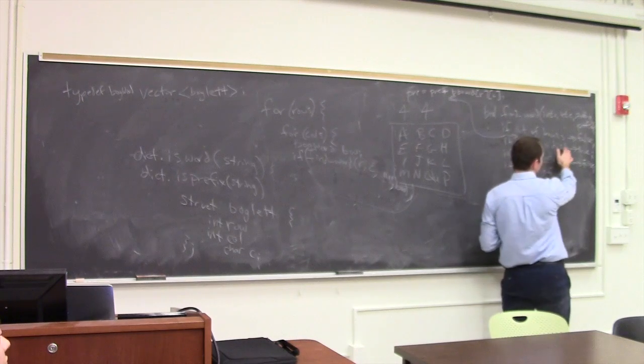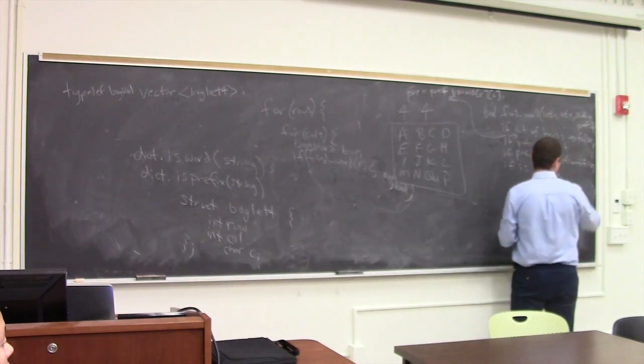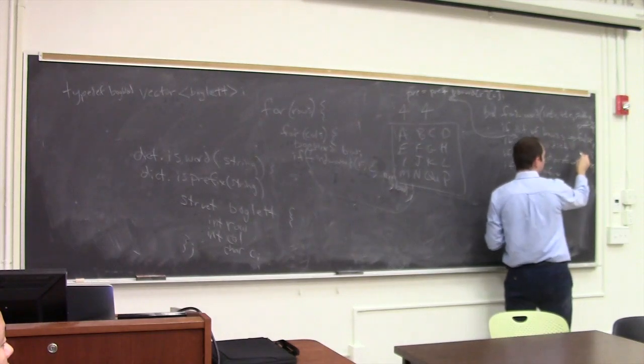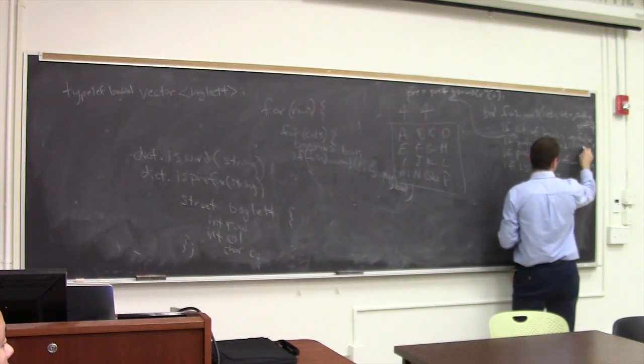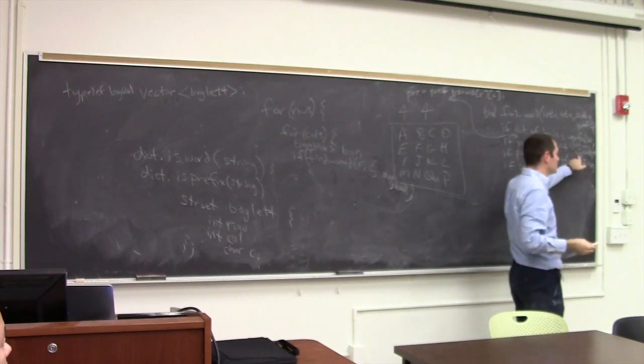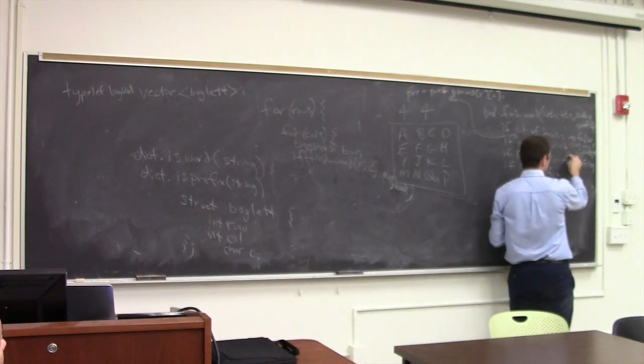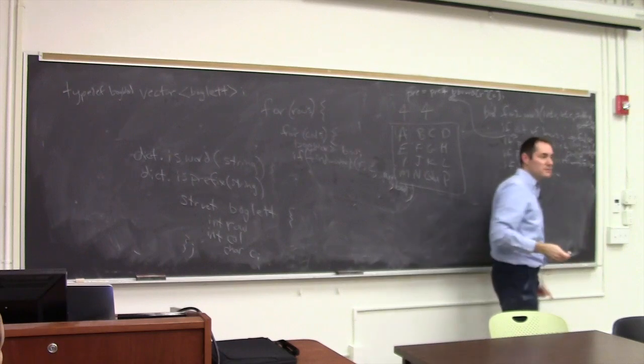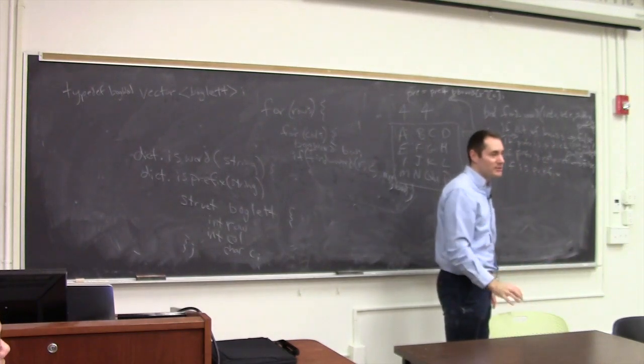So if prefix is in the dictionary, we're going to do two things. One, we're going to put the word in the bog word list, sorry for the small handwriting, and then we're going to return true. Sound good? And in fact, you may not even need to return true, as it turns out.